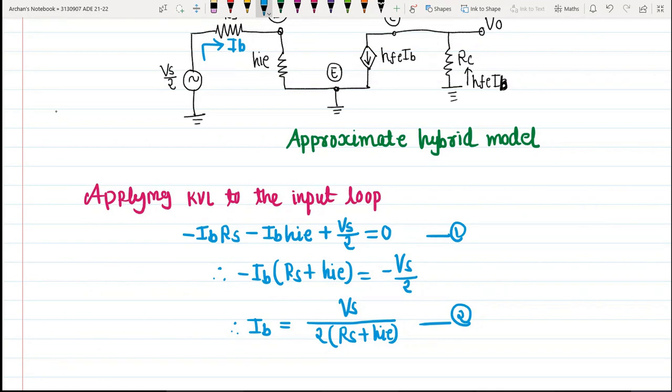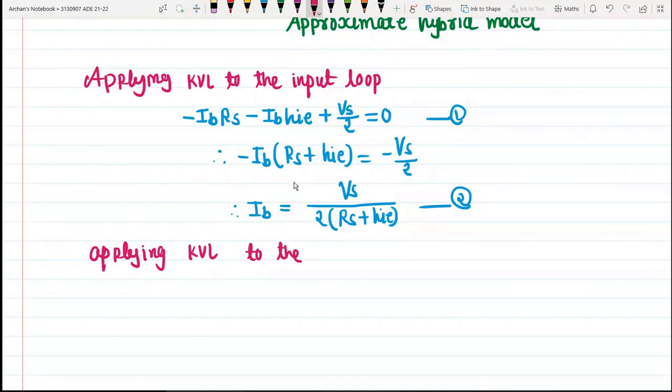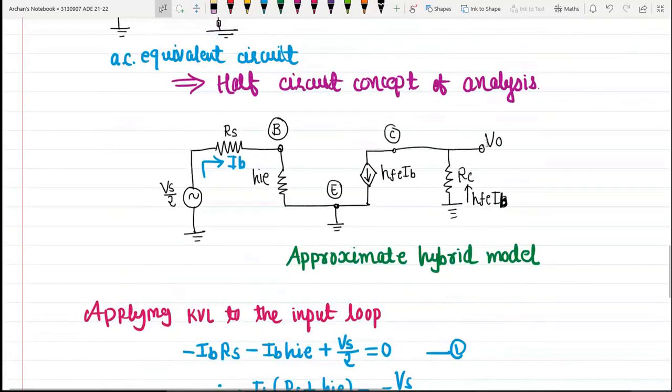Similarly, let us apply KVL to the output loop, and let us see what we are getting. Let us go back to the output loop. You can see there is one resistance, there is one current source HFE times IB, and there will be a drop across resistance RC.